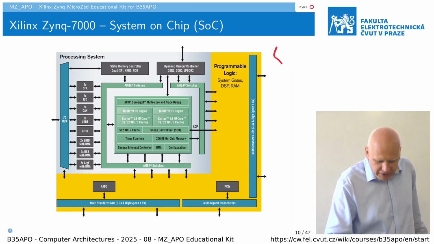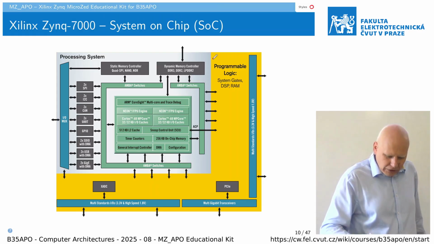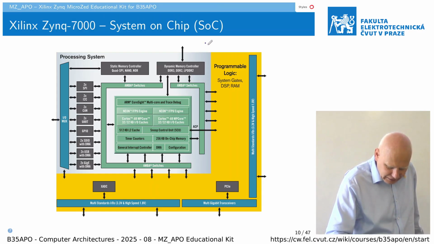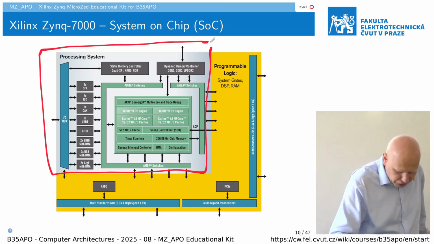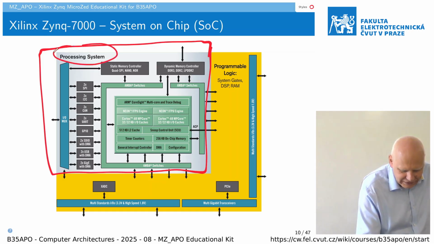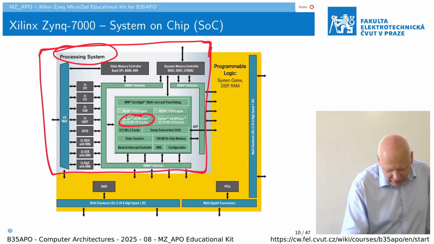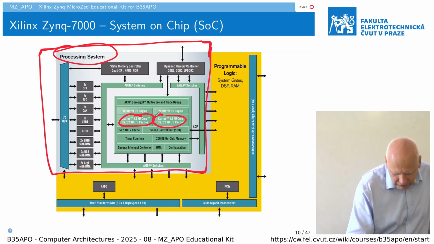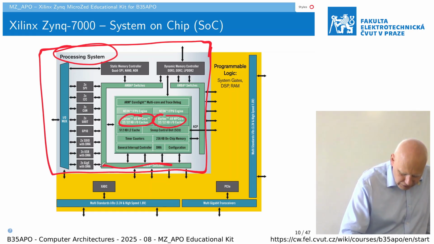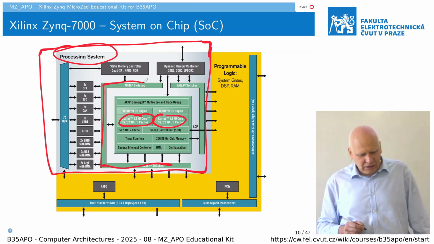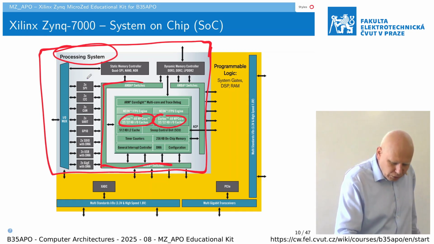Okay, so now we go down to our chip. So if we go into our chip, we can see that there is the system on chip logic, so-called processing system, which has two Cortex-A9 cores with floating point and so on, and those are connected through the AMBA, Advanced Microcontroller Bus Architecture, interconnection to some fixed peripherals.